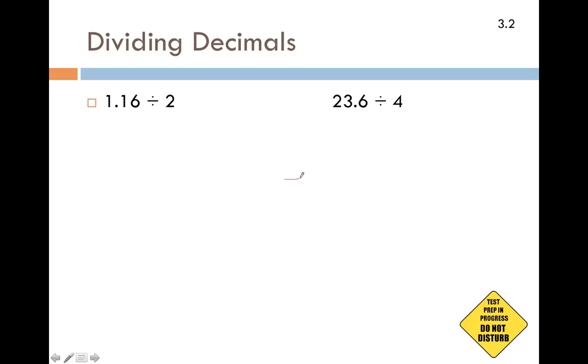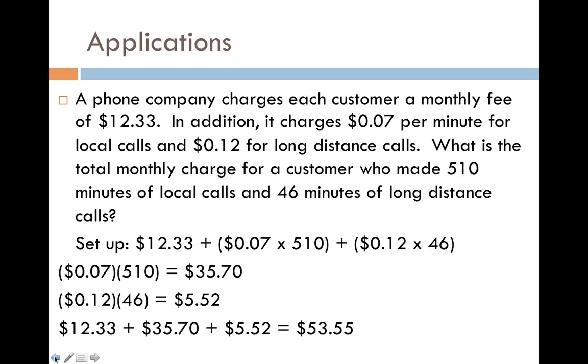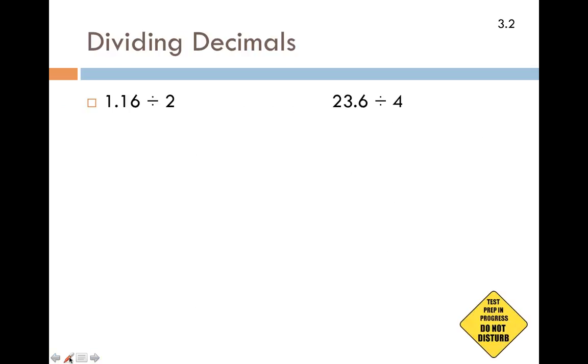Let's say you got 7 feet, and then we multiply that, increase that by 1.24.